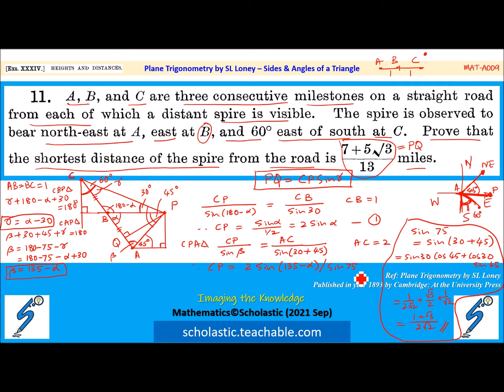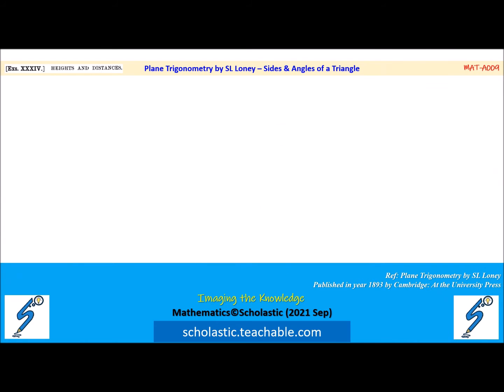So we have a few equations. Now let's go to the next page, where we found CP is equal to 2 sine alpha. Let's write it here.